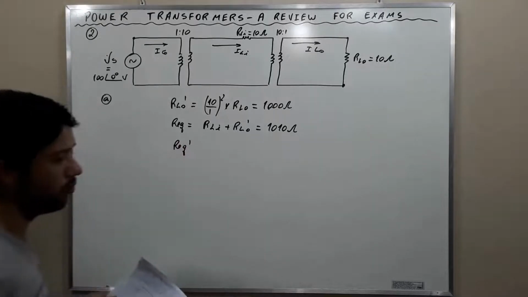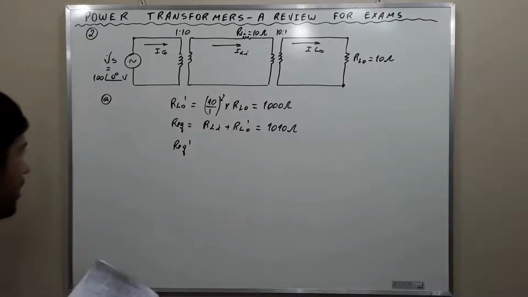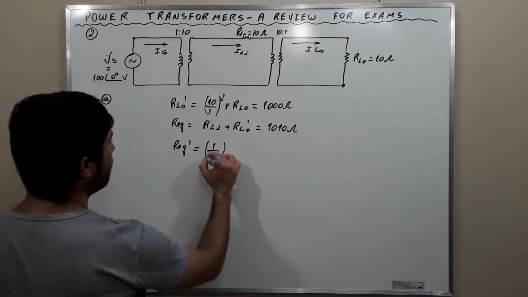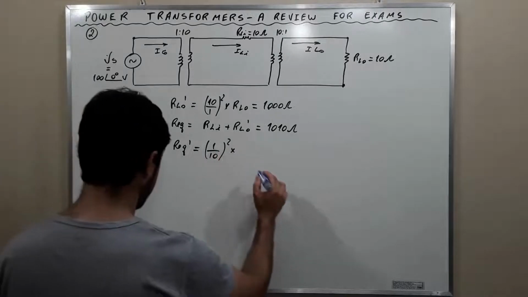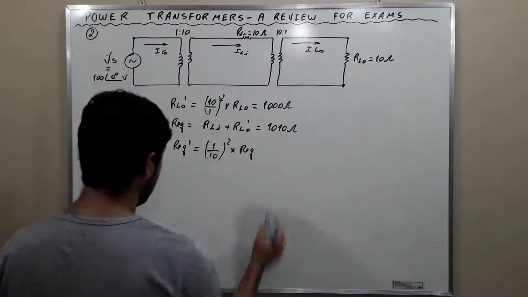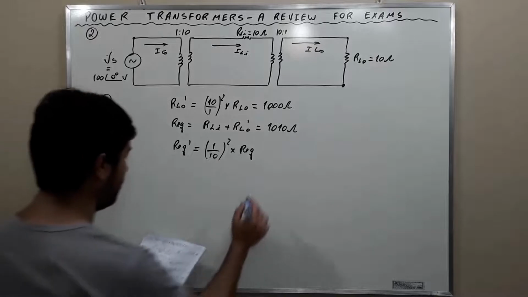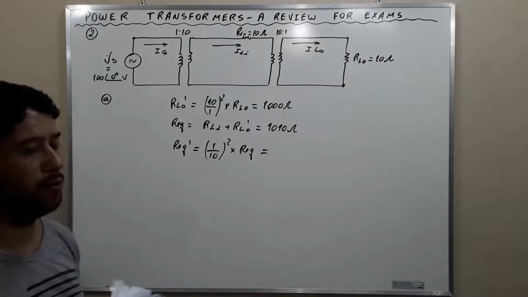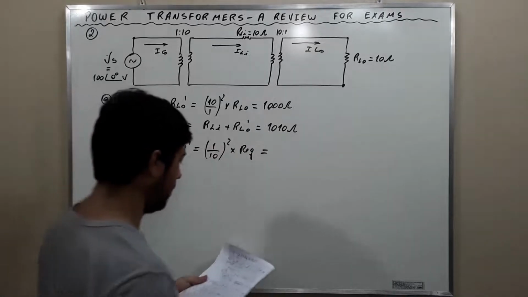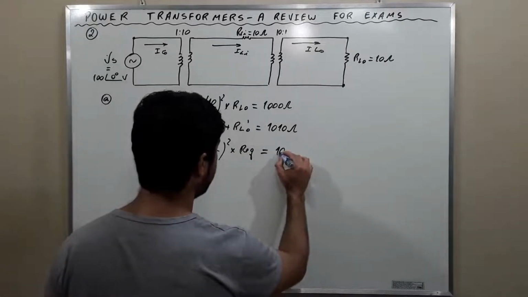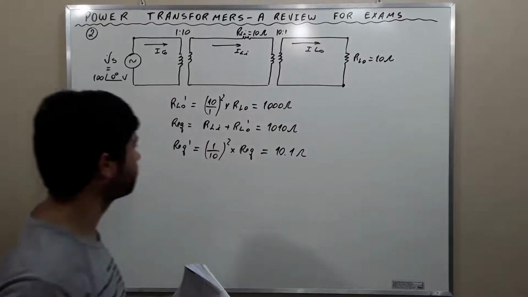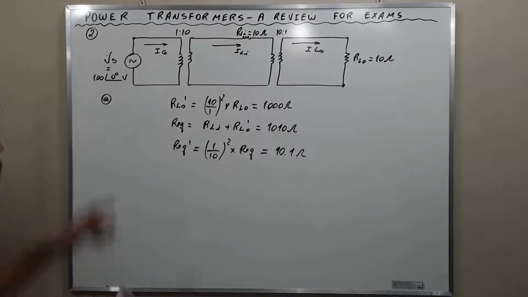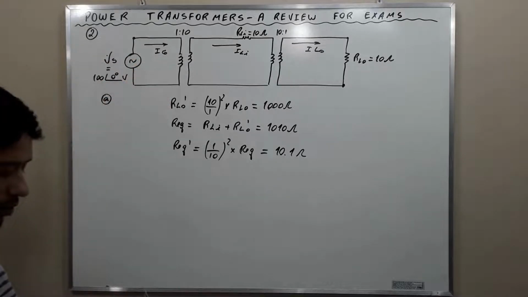The equivalent resistance referred to the generator side is 1 over 10 squared times the equivalent resistance, which is simply the division of this number by 100, and it is 10.1 ohms. We use this value to calculate the current of the generator.